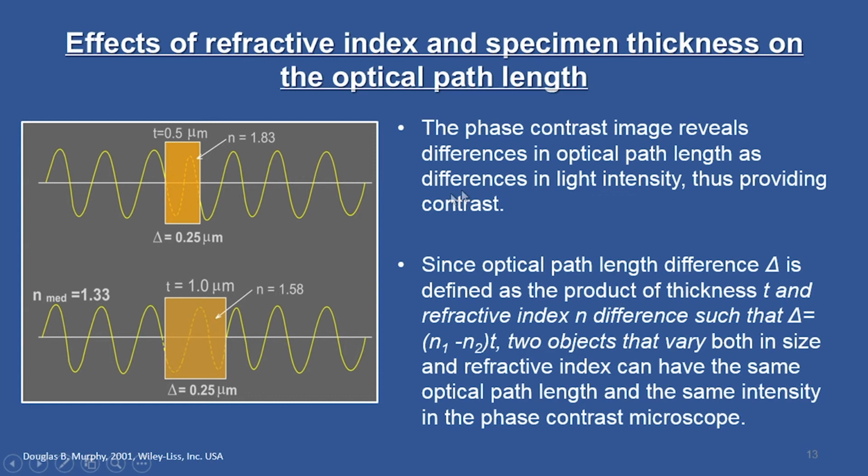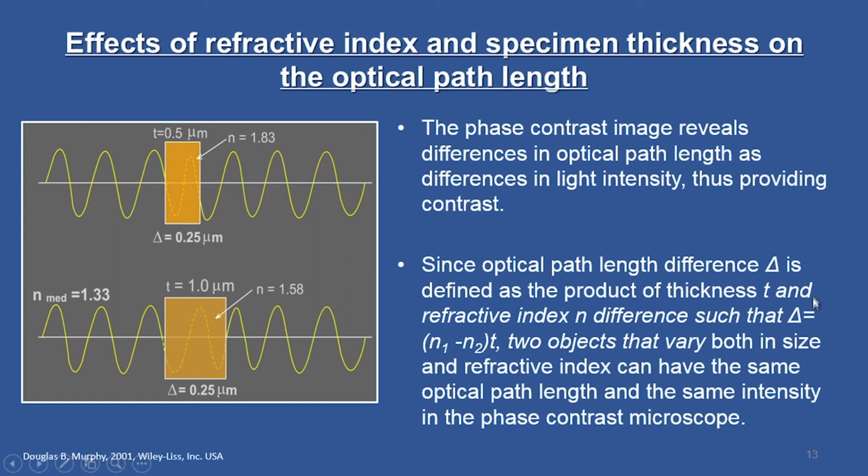Since the optical path length difference delta is defined as the product of thickness T and the refractive index difference, such that delta equals n1 minus n2 times T, two objects that vary both in size and refractive index can have the same optical path length and the same intensity in the phase contrast microscope.